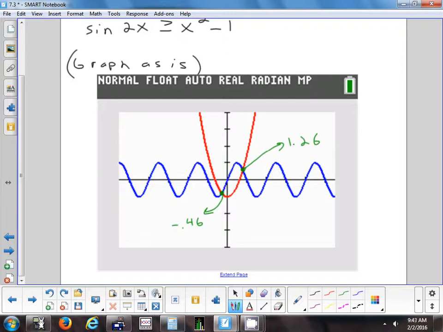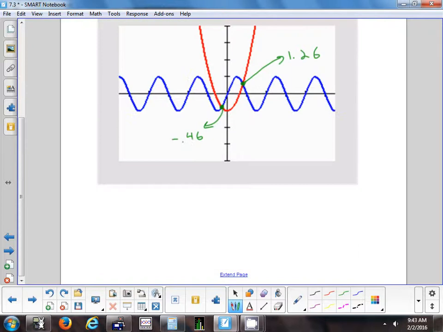And how would I write my answer now? Where the blue function is above or equal to the red. Tell me how I would write that as an integral. So we're going to have 1.26. That's part of our interval, yep.